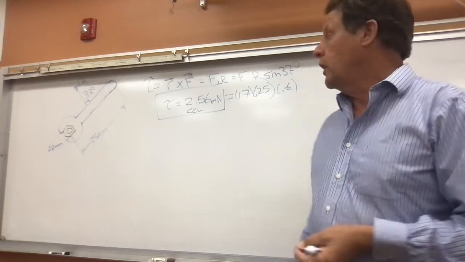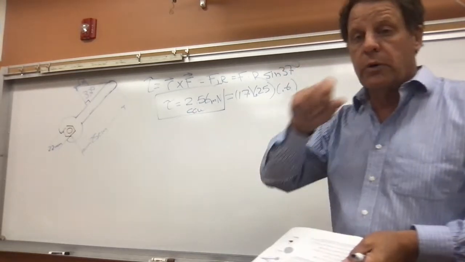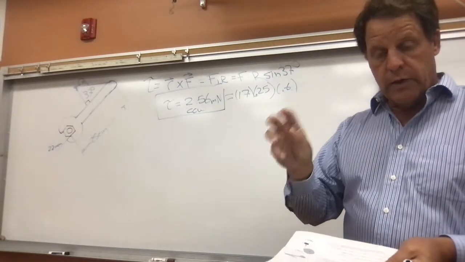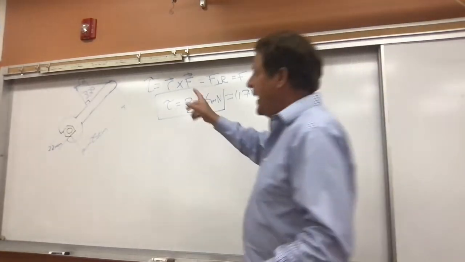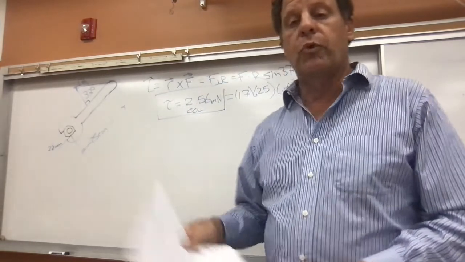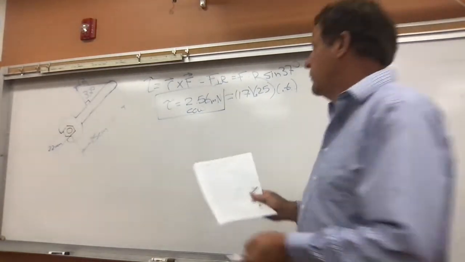That's the beauty of something like a wrench or a lever: the torque, the force times radius, is going to be the same no matter where you do it. But as the radius gets smaller, the force has to go up. So essentially what we're doing is multiplying the force.